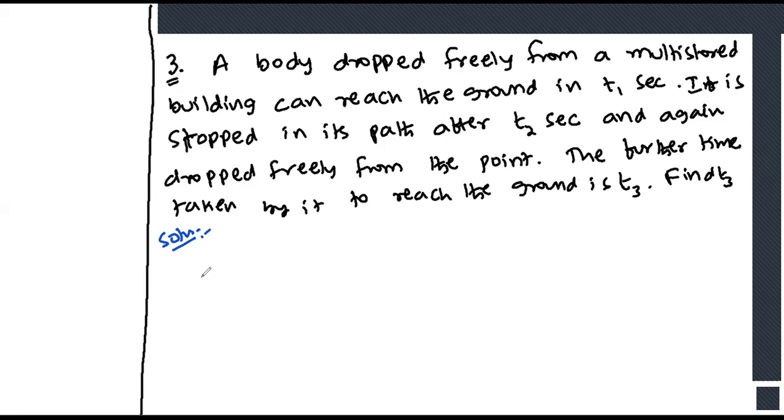Now you can see a body is dropped freely, which means the initial velocity is 0. This is point A, this is point B. It reaches the ground in a time of T1 seconds.